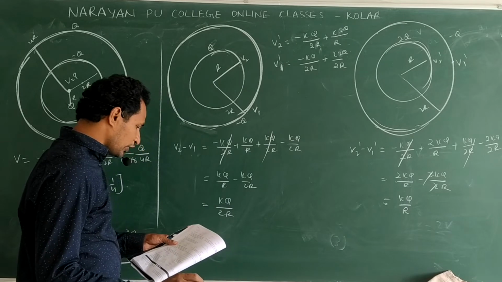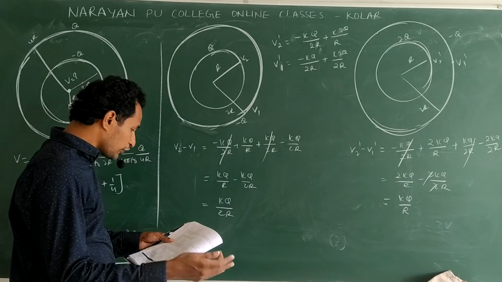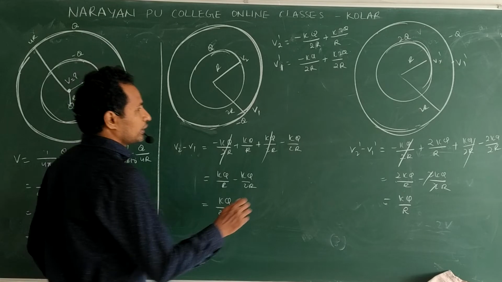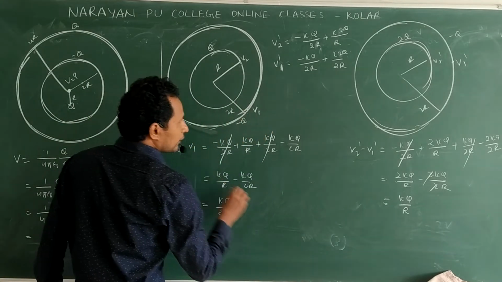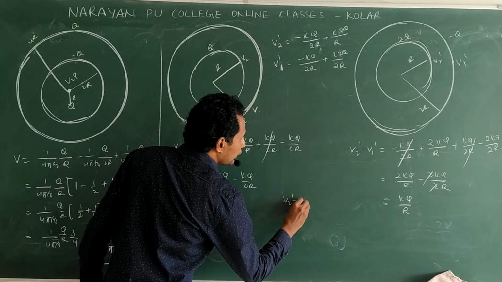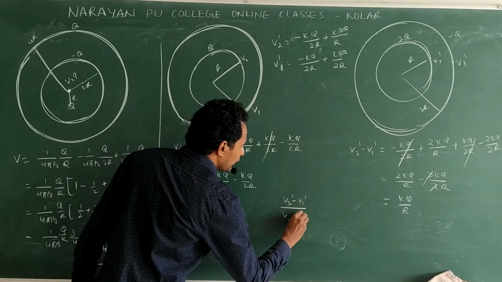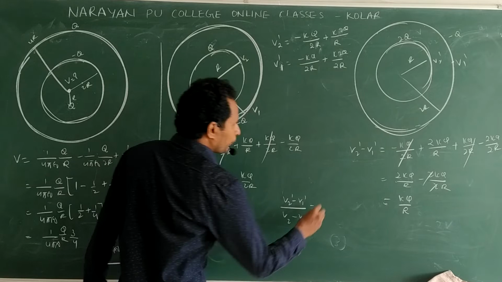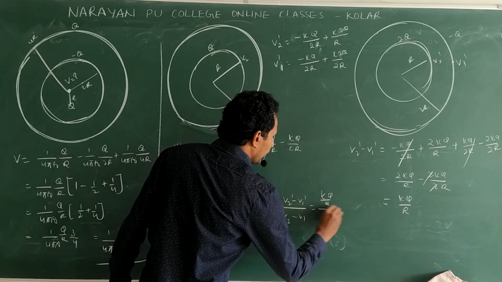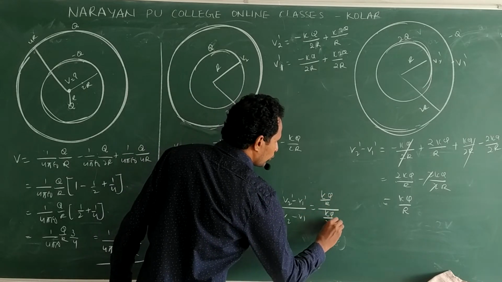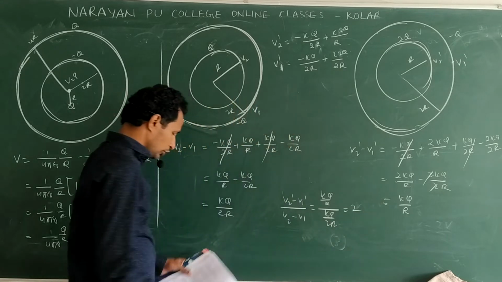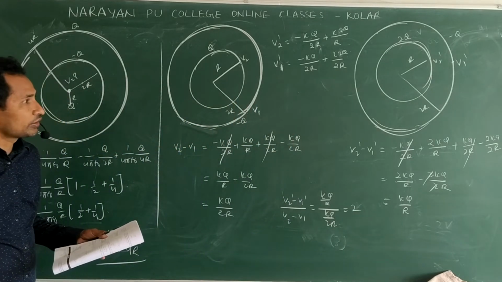The ratio of the potential difference between the shells, final to initial. This is final, this is initial. So (V2 dash minus V1 dash) by (V2 minus V1) will be KQ by R by KQ by 2R. This will be 2. Now option 2 is correct.